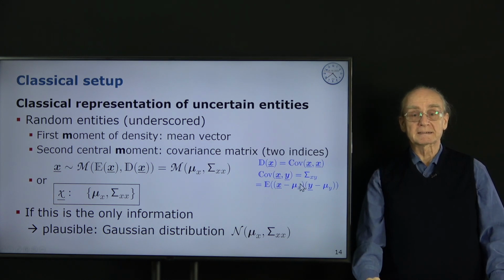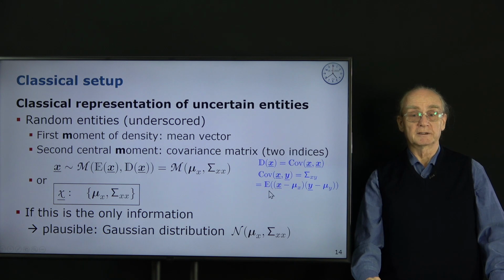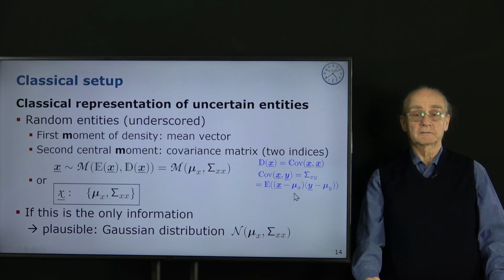It depends on x and y, and of course you need to have 2 indices in order to describe this in short form. So the covariance matrix with index xy means the covariance of x and y, and it's defined as the expectation of x minus mu, column vector, multiplied with y minus mu.